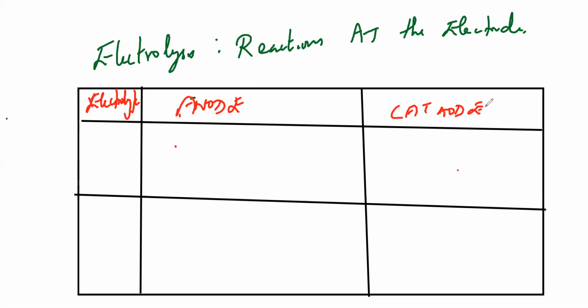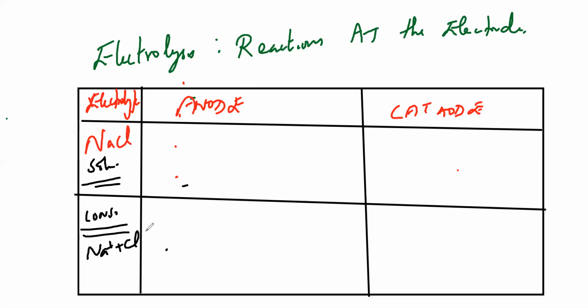If I give NaCl solution, sodium chloride solution here, what will be the anode and what will be the cathode? The ions from NaCl are Na plus and Cl minus. And suppose I am taking the electrolyte in water, H2O, we know it is H plus and OH minus.